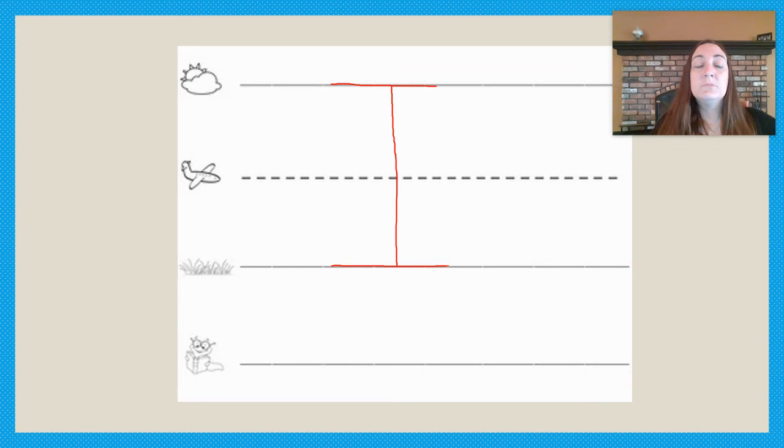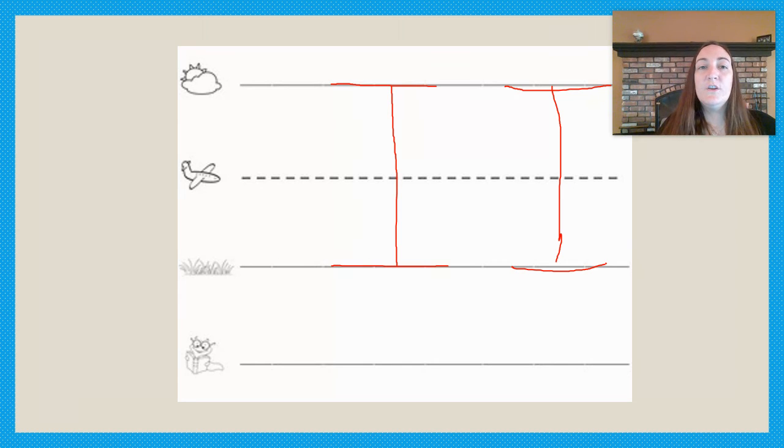Ooh, that one came pretty good. How did yours come? If you need to erase, that's totally fine. Or if you just want to try next to it over here, starting on the skyline, going all the way down to the grass line, cross it on the skyline, and cross it on the grass line. Super good job.